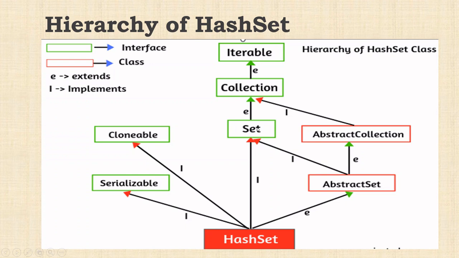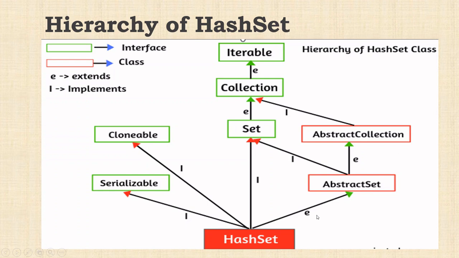AbstractCollection is a class, and it implements the Collection interface. AbstractSet also is a class, and AbstractSet extends AbstractCollection. HashSet implements the Cloneable interface and Serializable interface, and extends AbstractSet.